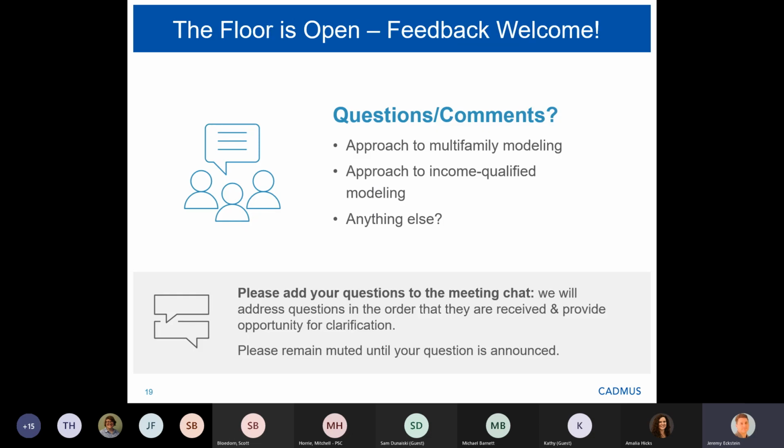So any questions on the income qualified or multifamily approach? Because the next part of the presentation is about our proposed scenarios.